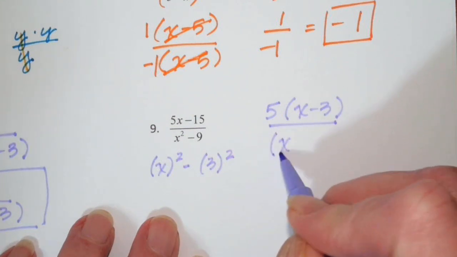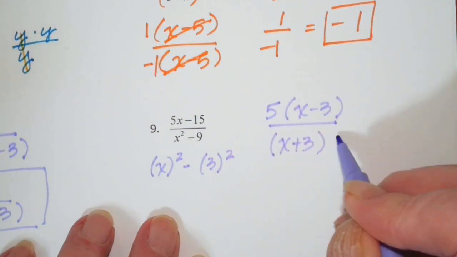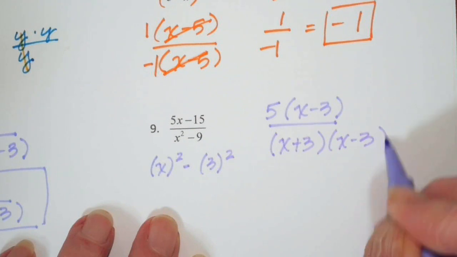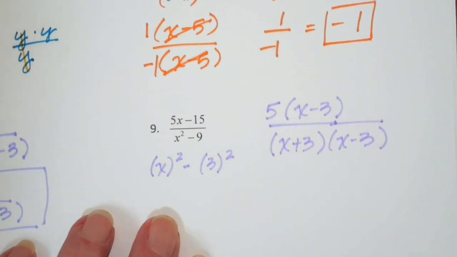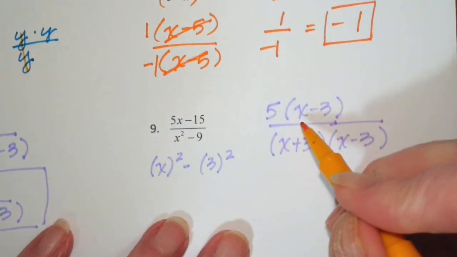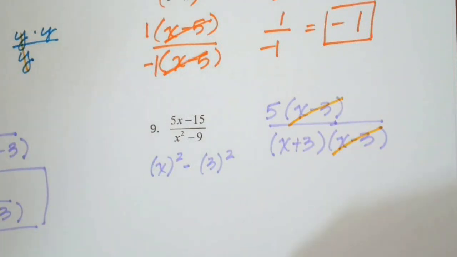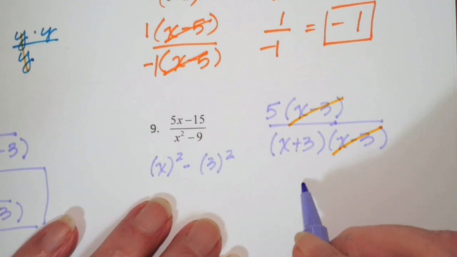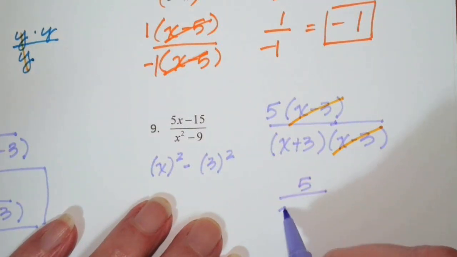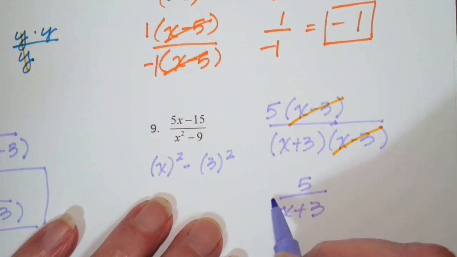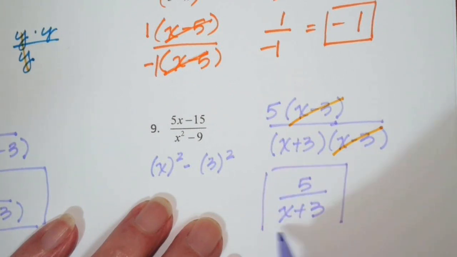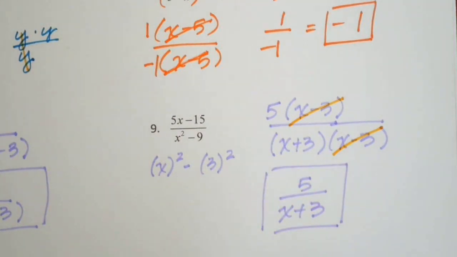So I can write this as x plus 3 times x minus 3. So I have a common factor, numerator and denominator, of x minus 3, and I'm left with 5 divided by x plus 3. And that becomes my simplified response.